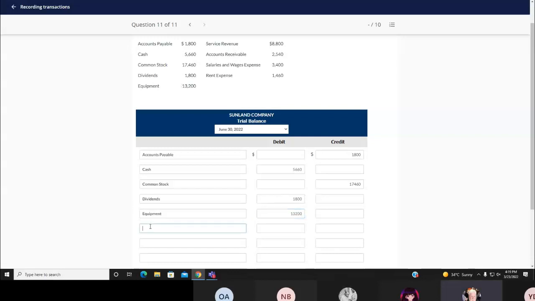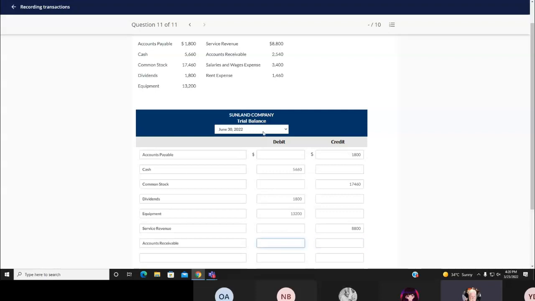Okay, revenue. Revenue only has a credit balance. Accounts receivable. No, accounts receivable is an asset account.